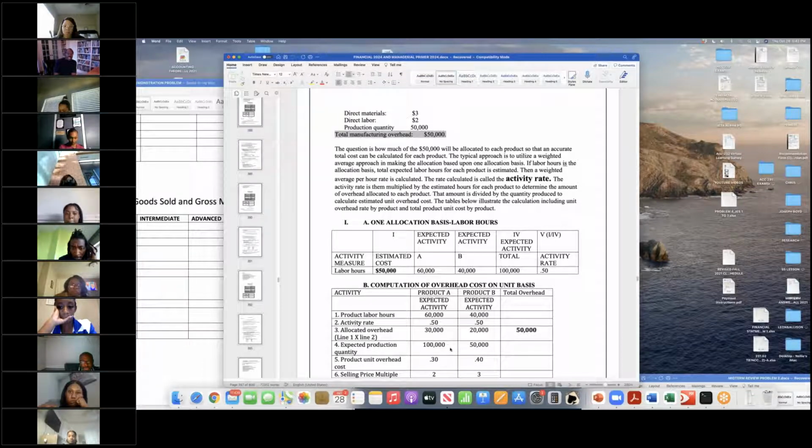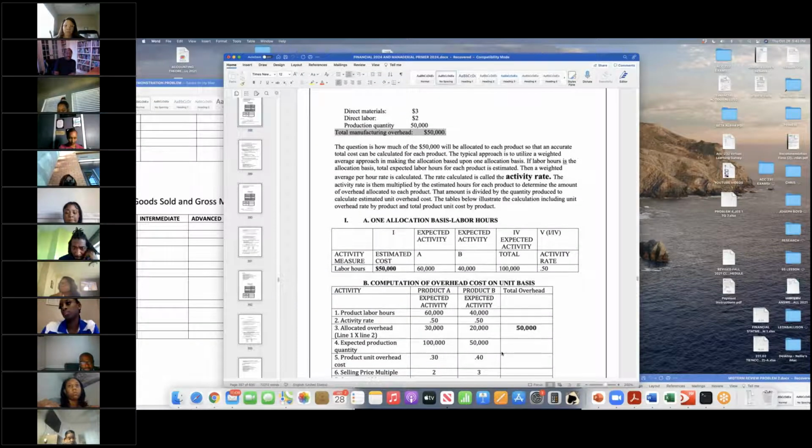Now we talked about last time that you can always divide the quantity into the total overhead to get that unit cost. But because I had to get you all to understand POR, I had you do it a roundabout way. But if I didn't do that, then you would never focus on POR. So we had to get that focus.